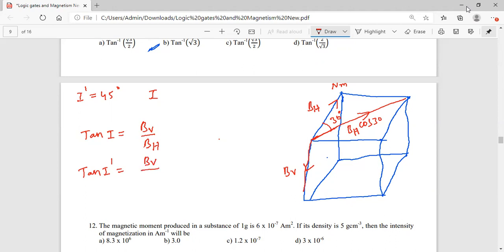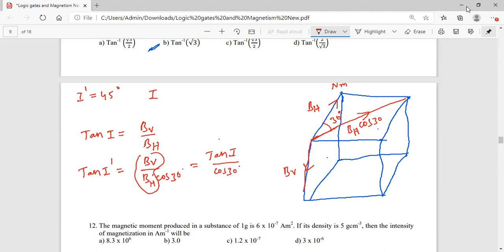But the horizontal component is not BH. It's BH cos 30 degree. Now BV by BH can be replaced by tan I. Therefore, this becomes tan I divided by cos 30.